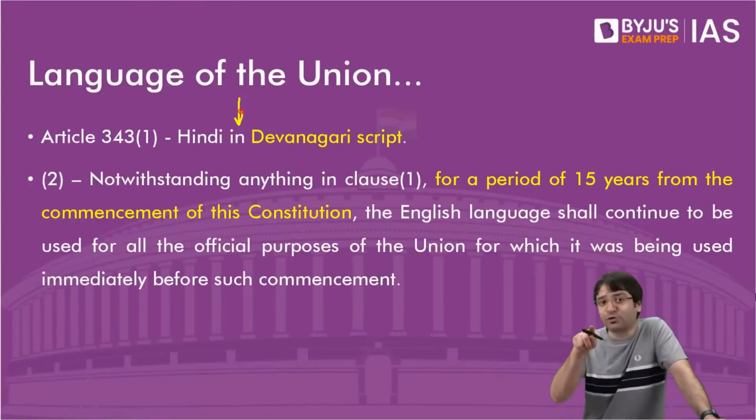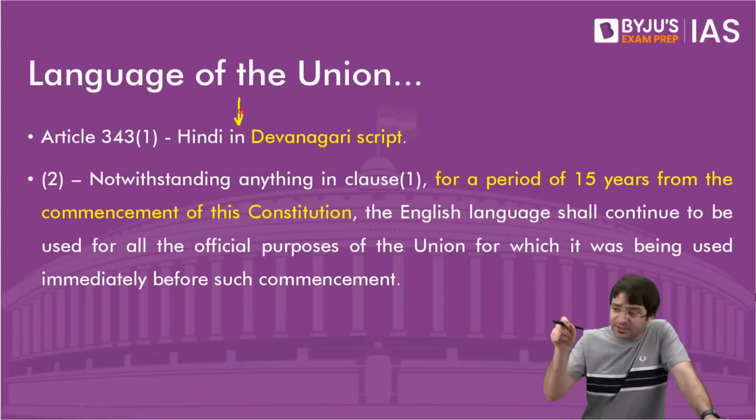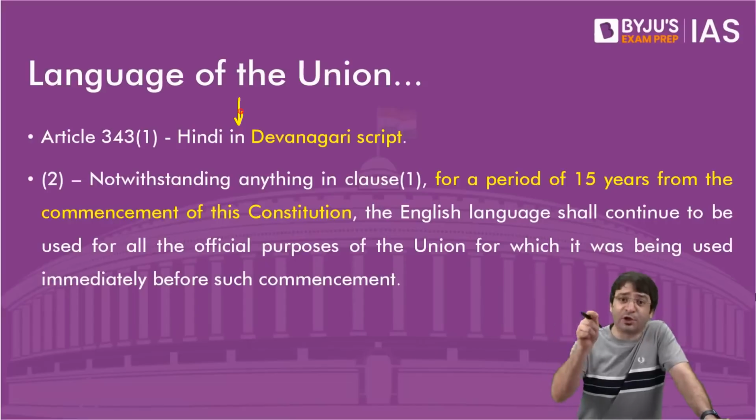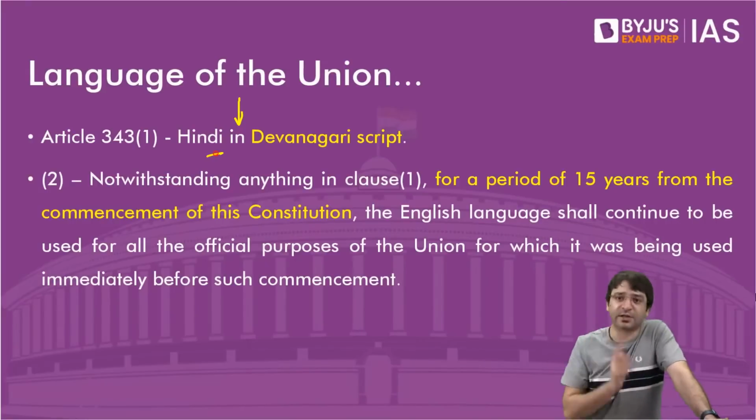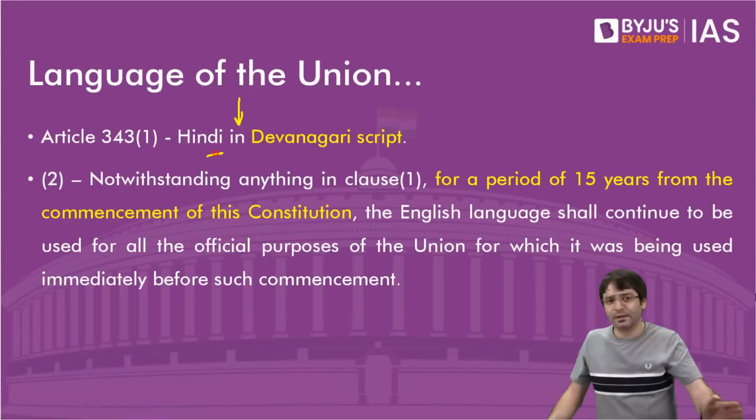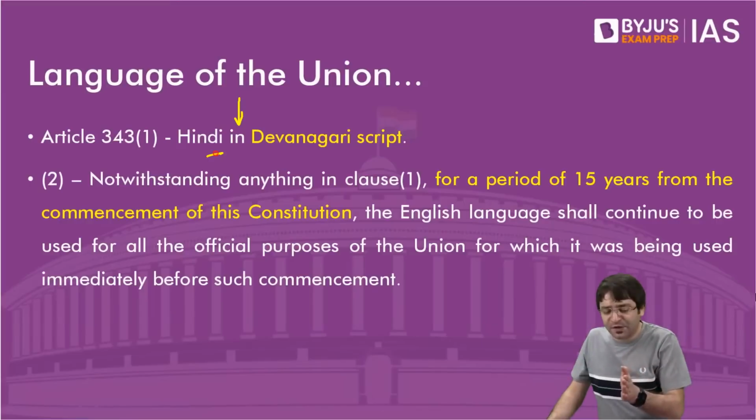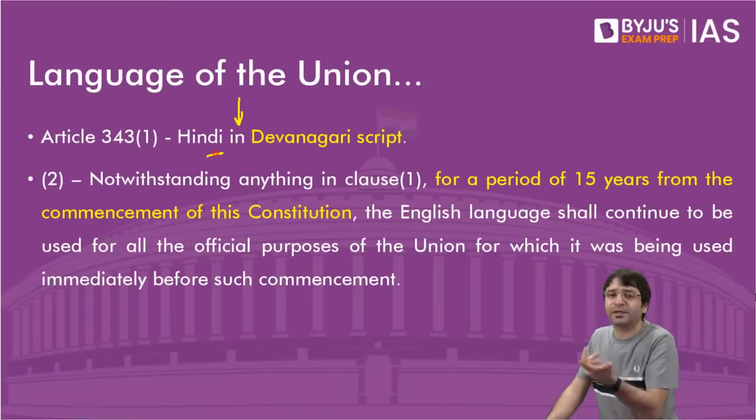So according to the Constitution, what is the official language of the union or the central government? That is Hindi in Devanagari script. But the Constitution says that previously we were using English, and in 1950 we cannot suddenly shift to Hindi.